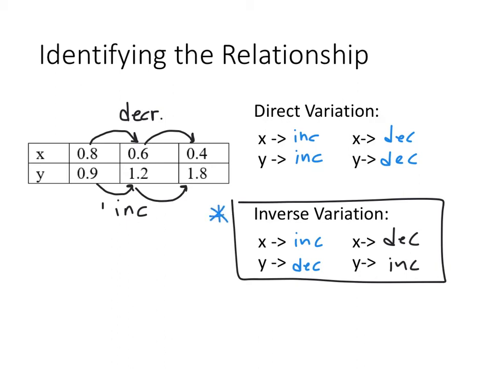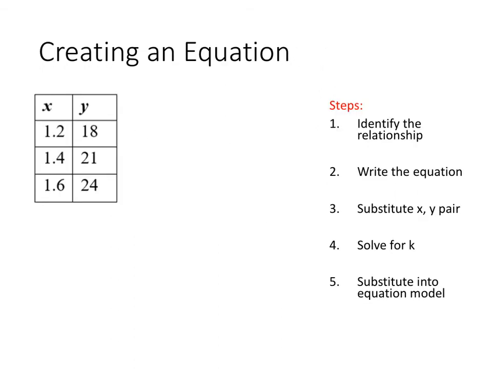So the whole idea of identifying the relationship is, are they doing the same thing or are they doing different things? Is one increasing and one decreasing, or are they both increasing, or are they both decreasing? So that's what we're looking at as far as identifying the relationship. Now, the second part of this is not only identifying the relationship.